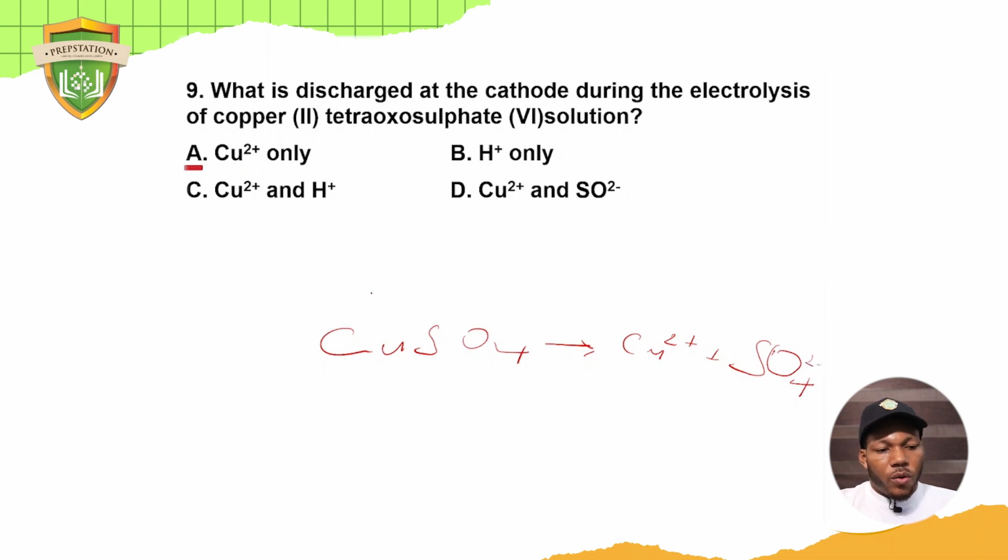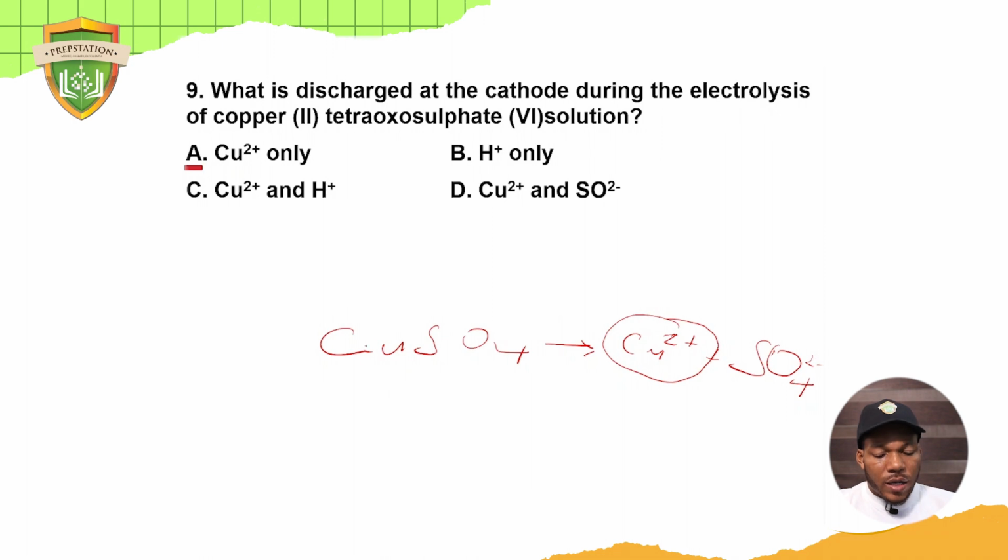Because Cu2+ is a cation, it will be attracted to the cathode, which is a negatively charged electrode. So it is Cu that will be discharged.